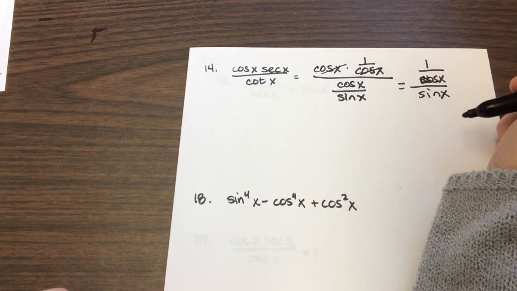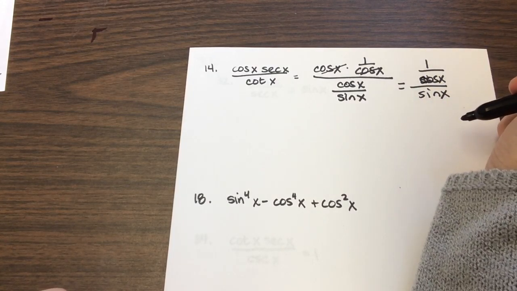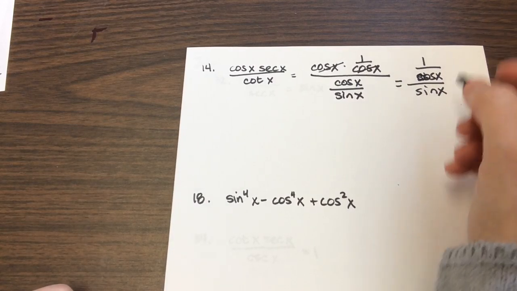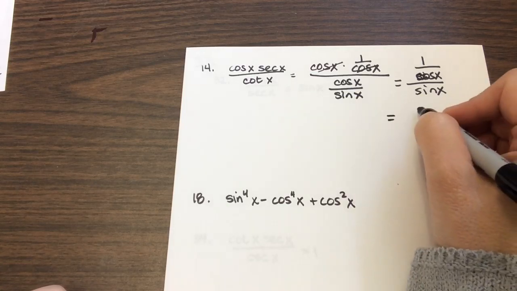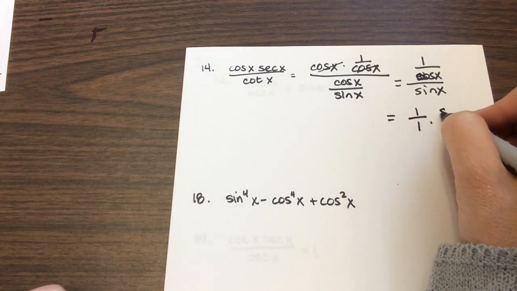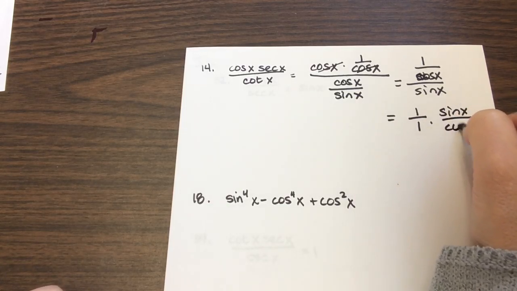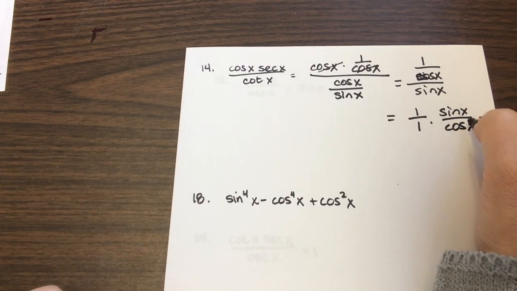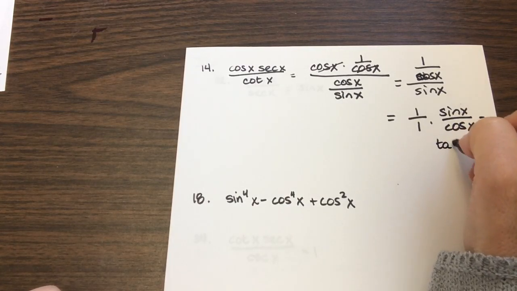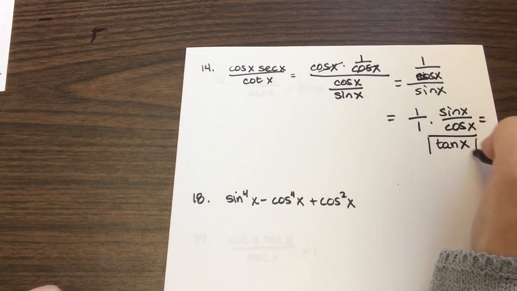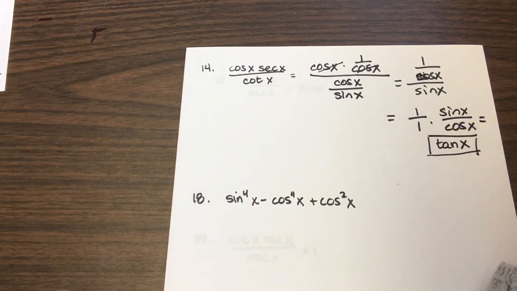Alright, so I've got a complex fraction, so I flip and multiply. And sine over cosine is the tangent of x. Okay, I kind of messed that up. I hope you can follow that.